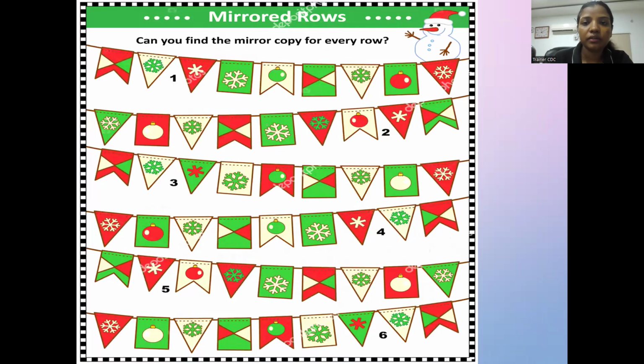Okay, let's solve this example. We have to find out, can you find the mirror copy for every row? So for every row, we have to find out where the mirror image is. Now, if you see the first row, in mirror image, everyone knows that the left hand and right hand side get reversed. So other than the first row, where can you find this in the first part?